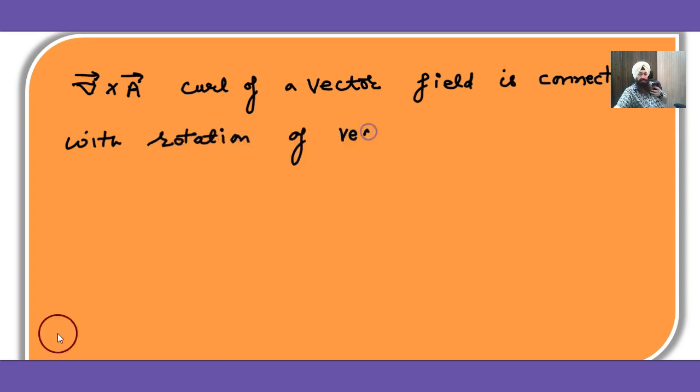So the curl of the A vector is connected with rotation. Rotation will be maximum if the angle between the two is 90 degrees.